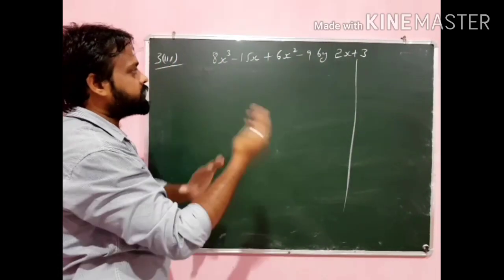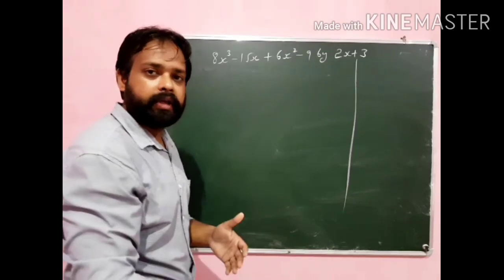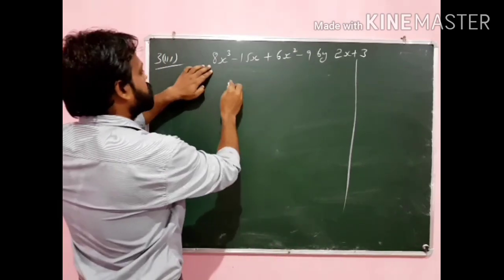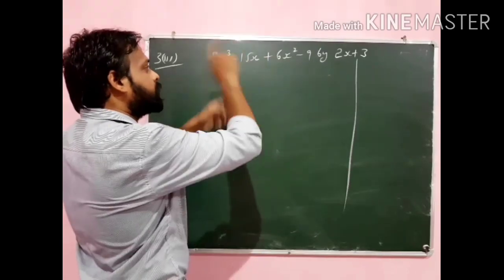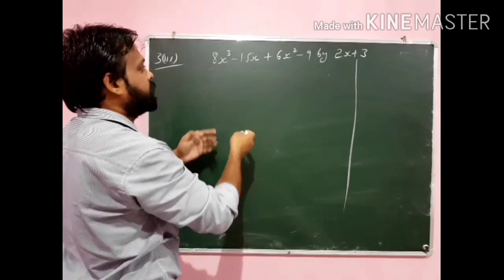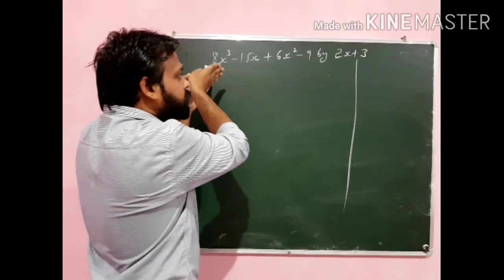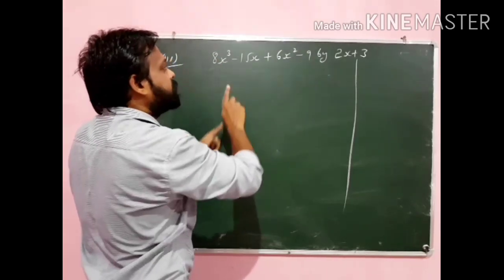But now when we are starting this sum, see carefully, when we are writing this polynomial, we start from the higher power of the variable and write it in descending order according to the powers of the variable.